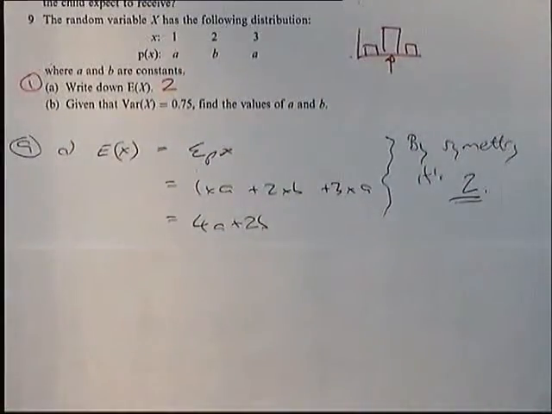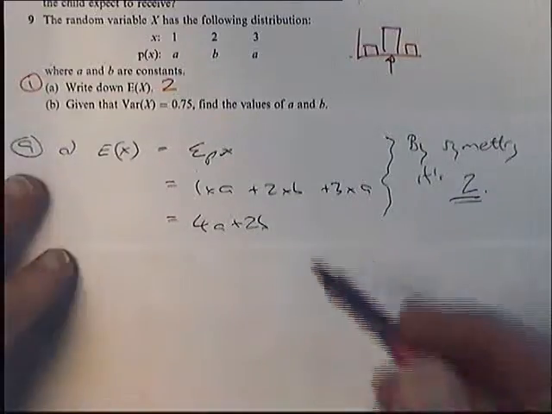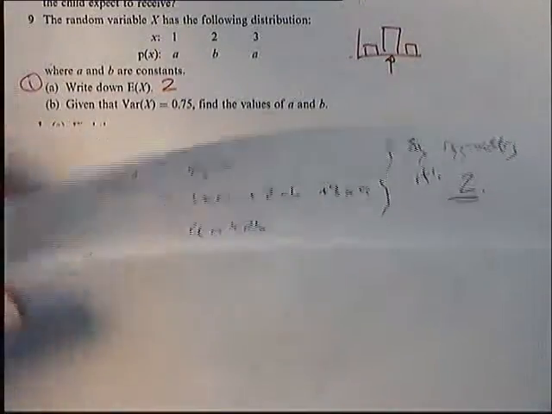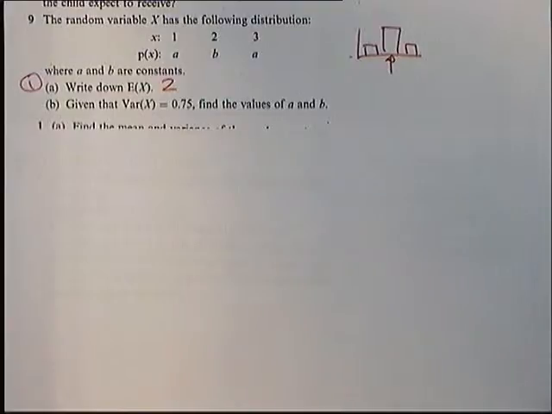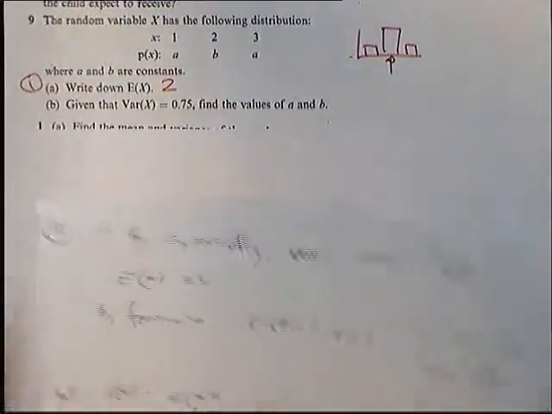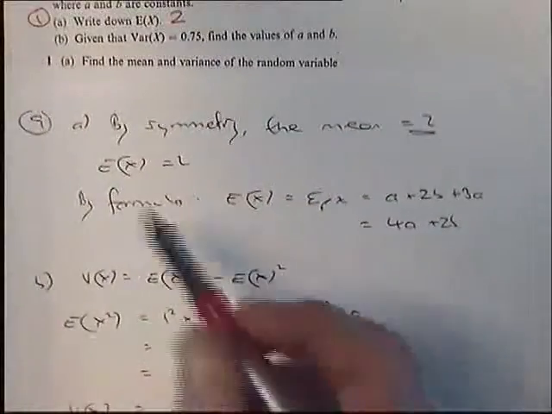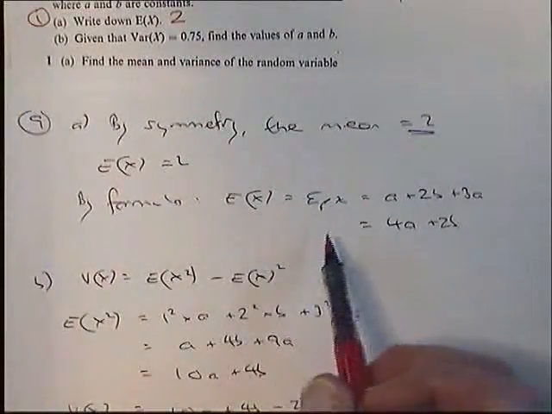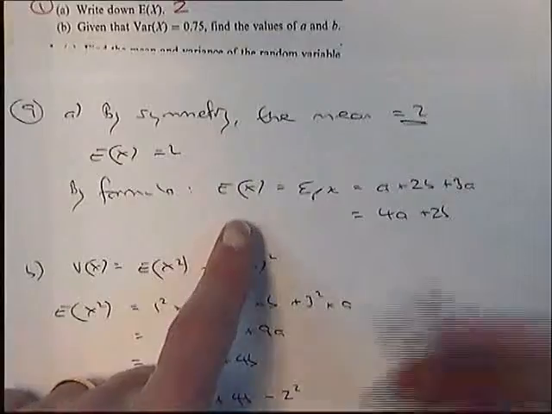Part B. Given that the variance of x is 0.75, find the values of A and B. Well, let's work through first of all, assuming we know by symmetry it's 2, and then we'll look at the other way of doing it in a minute. If you know the expected value of x is 2, we have it also by a formula.